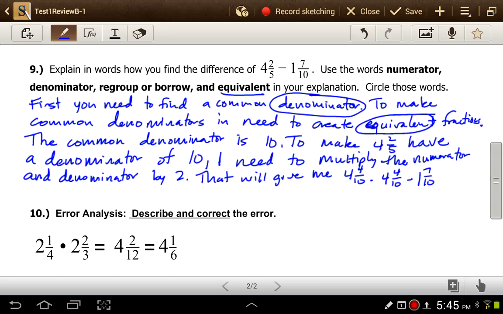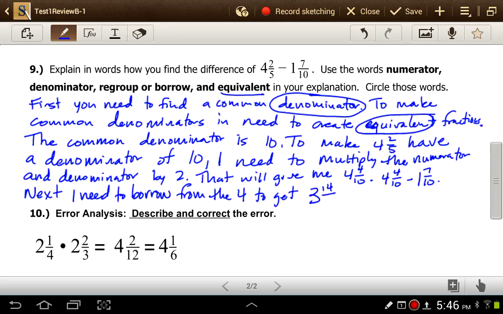I cannot do 4 minus 7, so now I need to borrow. Next, I need to borrow or regroup from the 4 to get 3 and 14/10. Finally, I can subtract.